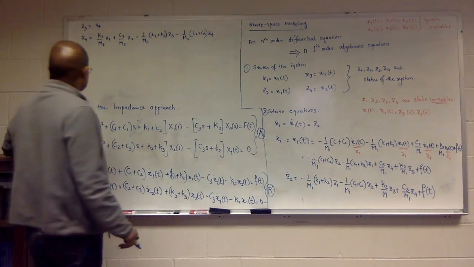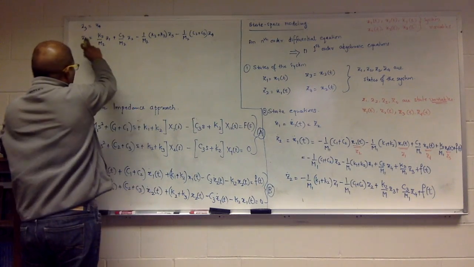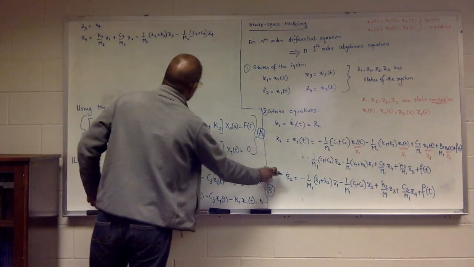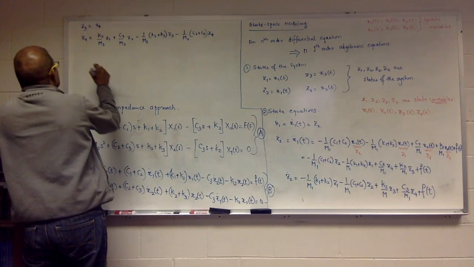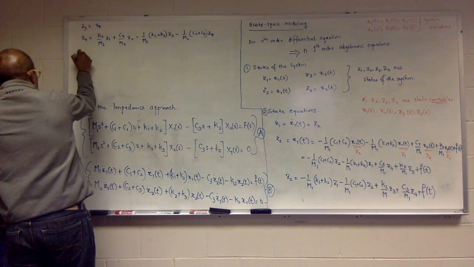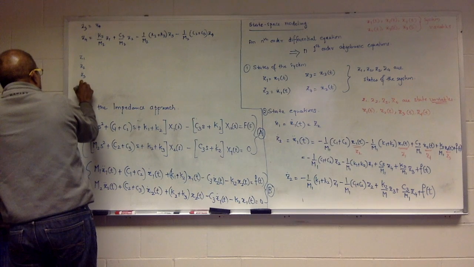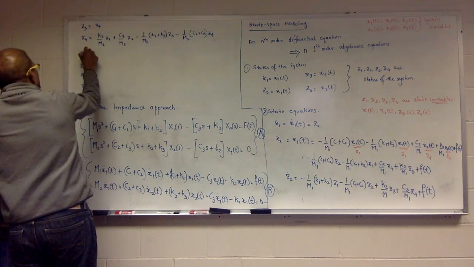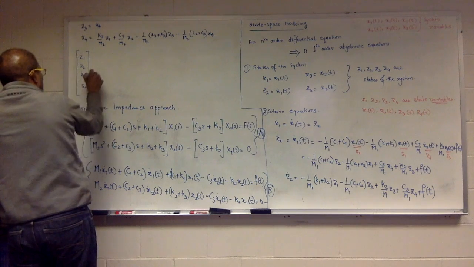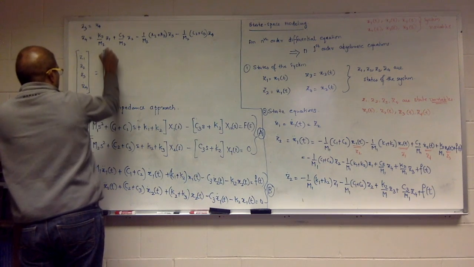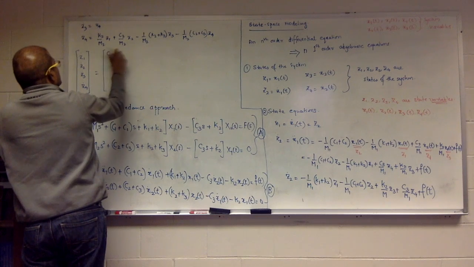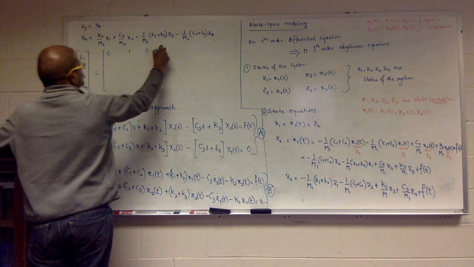Now, these four together, Z1 dot, Z2 dot, you can write this as a matrix, and see if this makes sense. 0, 1, 0, 0.